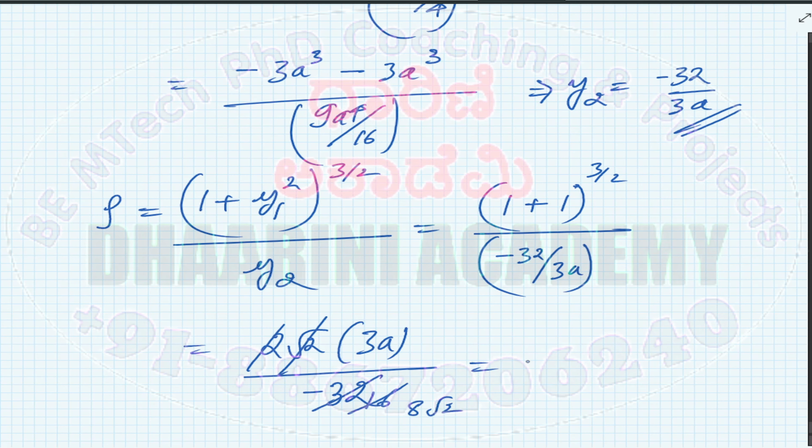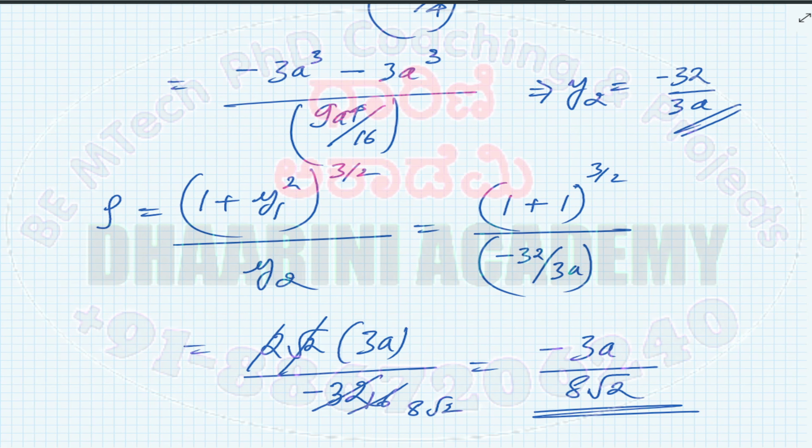So the final answer I can write, this is minus 3a divided by 8 root 2. Anyway, definitely we can use a calculator and simplify this term. Minus 3 by 8 root 2, you will get a real number that you can write into a. Okay, but as far as the method is considered, till here is the final answer for this question.